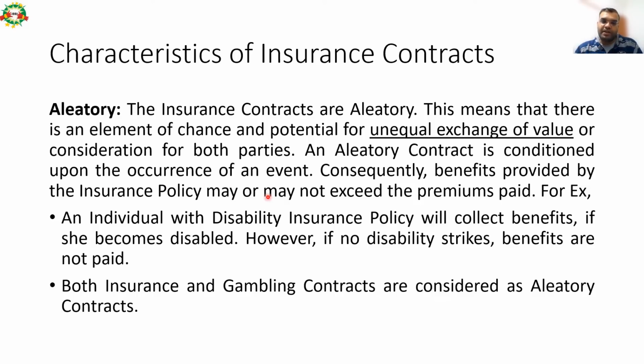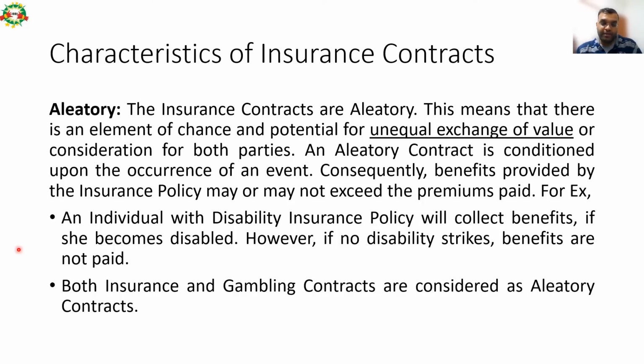Consequently, the benefits provided by the insurance policy may or may not exceed the premium paid. Whatever amount I get back from the insurance policy depends on the happening of a certain event. For example, an individual with a disability insurance policy will collect benefits if she becomes disabled.